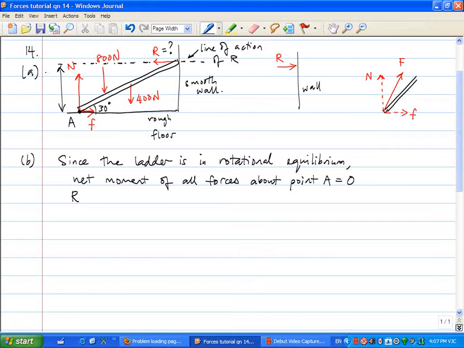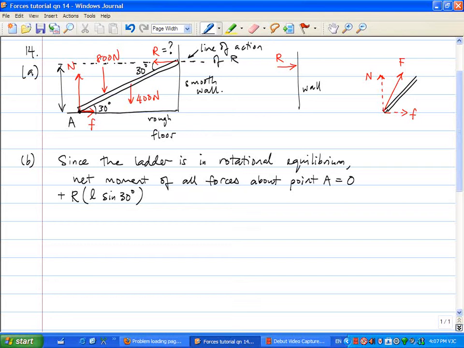So if we take the length of the ladder as L, then this distance will be simply given by L sine 30, right? This is 30 degrees. So L sine 30 will be the perpendicular distance of the line of action of R from the point A. And you can see that R exerts an anti-clockwise moment about point A. So that's positive.